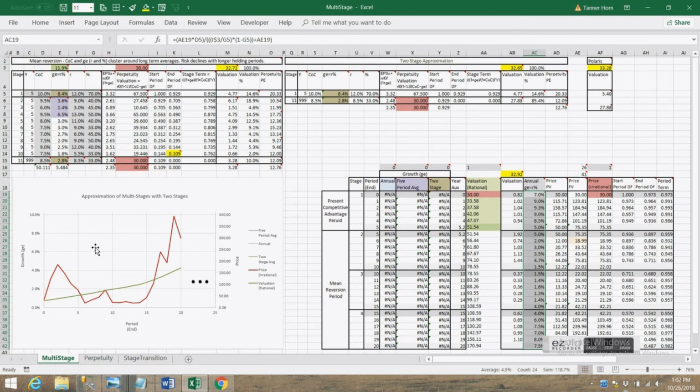You don't know why. It's not trying to answer why. It's just what you think it should be, and then you would do a trade based on that relative valuation.